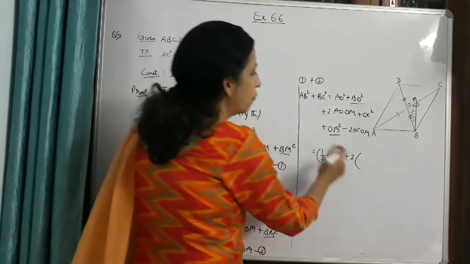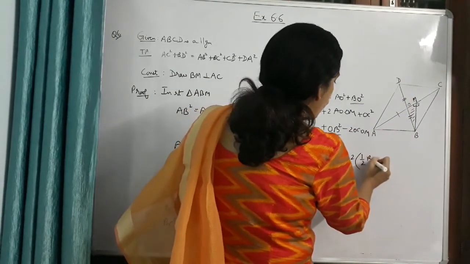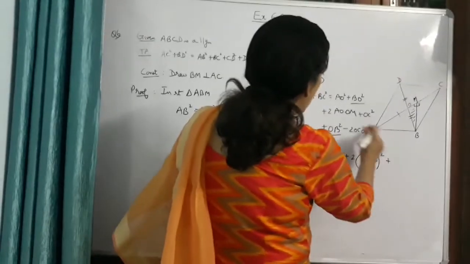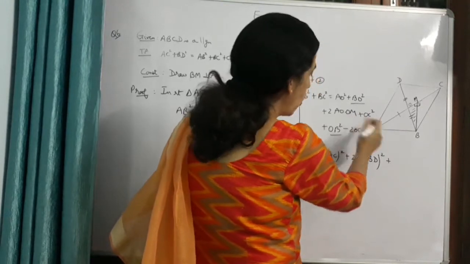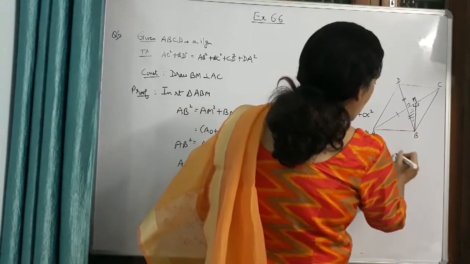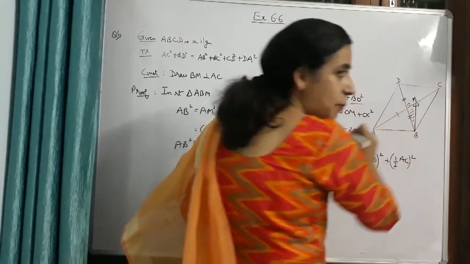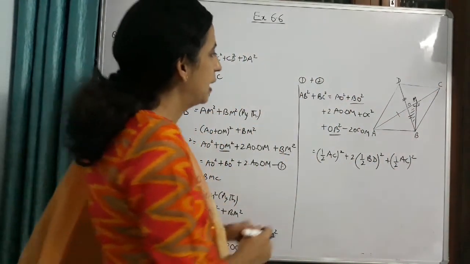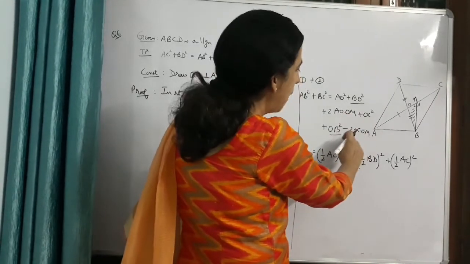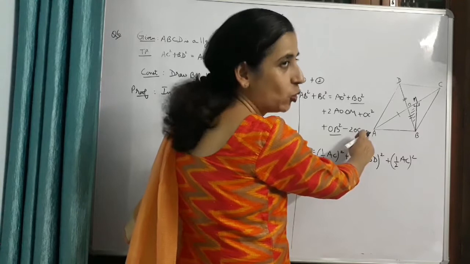So in place of BO we write down (half of BD) whole square. And then this is OC square. OC can be written as (half of AC) whole square because O is the midpoint of AC. Over here we have plus twice of AO into OM minus twice of OC into OM.